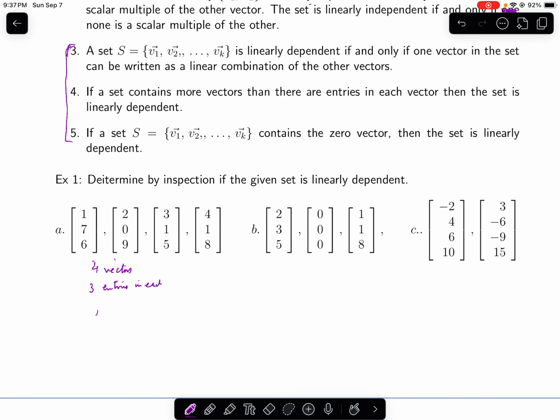So this is linearly dependent. Second one, here we have three vectors, three entries, but we have the zero vector in there, so linearly dependent.